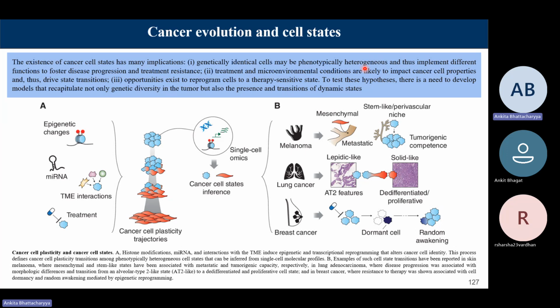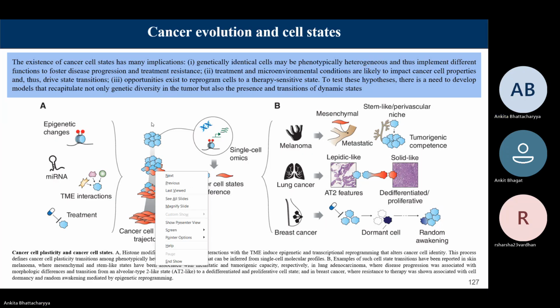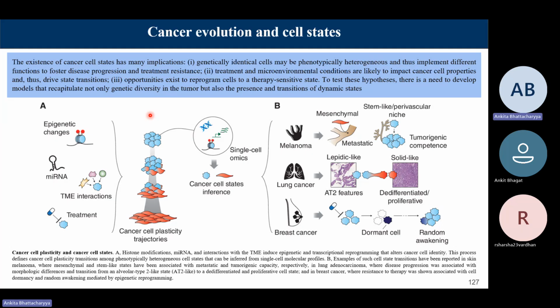Third, opportunities exist to reprogram cells to a therapy sensitive state. To test all of these different hypotheses, there's a need to develop models that recapitulate not only the genetic diversity in the tumor, but also the presence and transition of dynamic states.